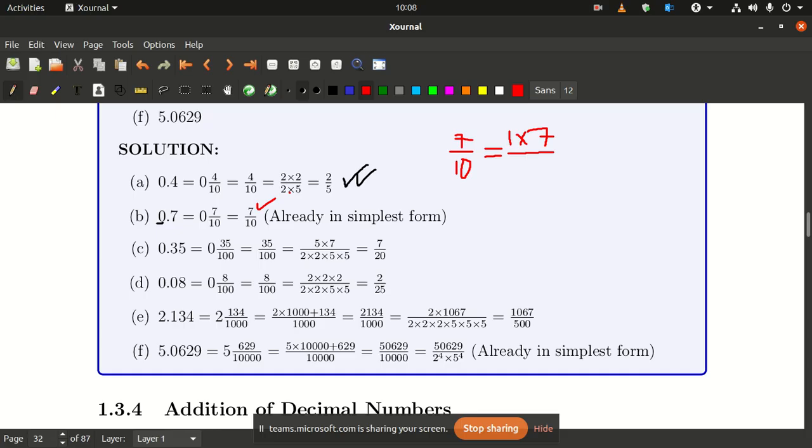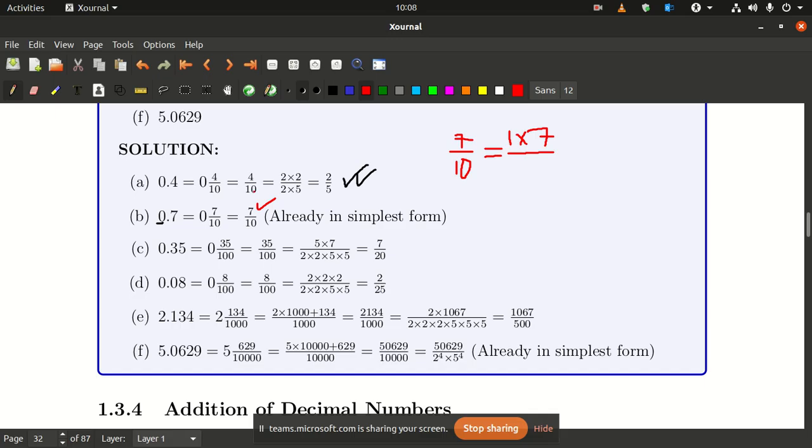Yeah, this one here, when we are writing this, we are writing it in terms of the prime factors. You know what is a prime number? It is a number that has only two factors, 1 and itself. So 2 is a prime number because the factors of 2 are 1 and 2 only. So this 4 here, we write it as 2 times 2.